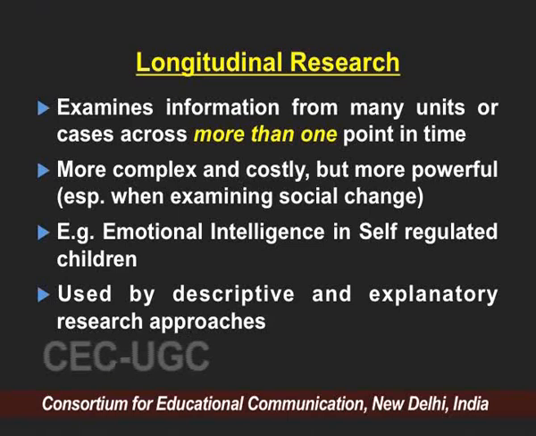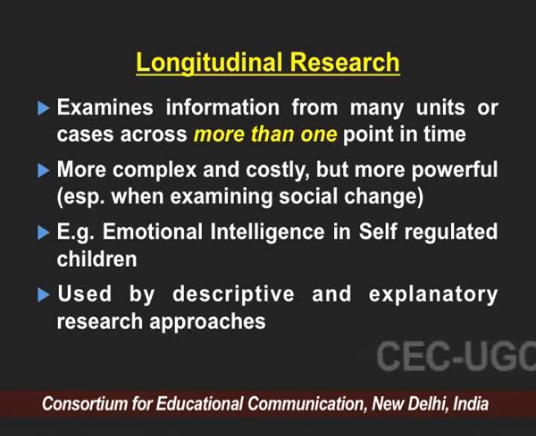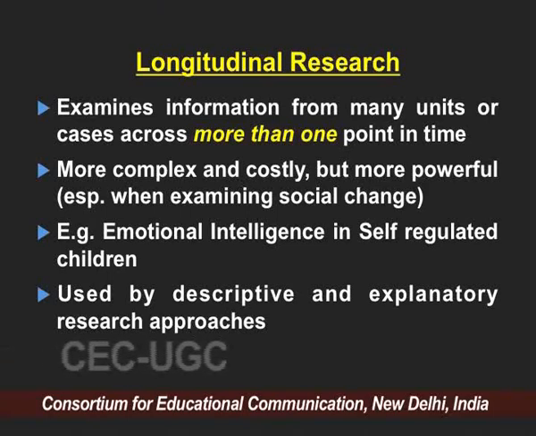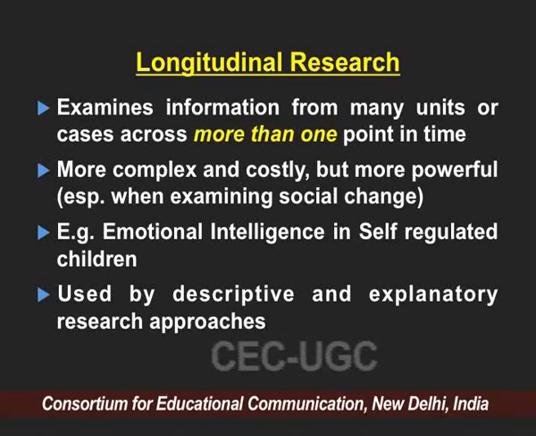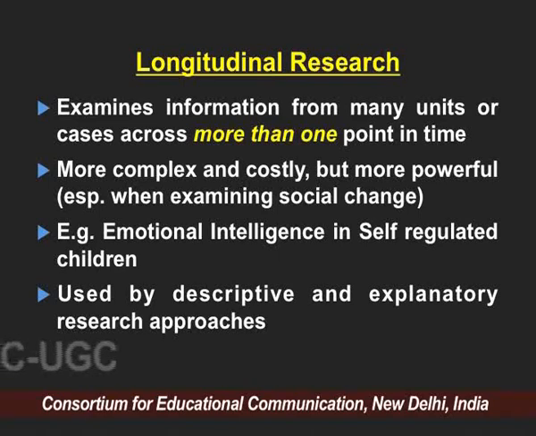This is longitudinal research. This type of research examines information from many units or cases across more than one point in time. It is more complex and costly, but more powerful, especially when examining social change. Suppose we want to study emotional intelligence and self-regulation in children.